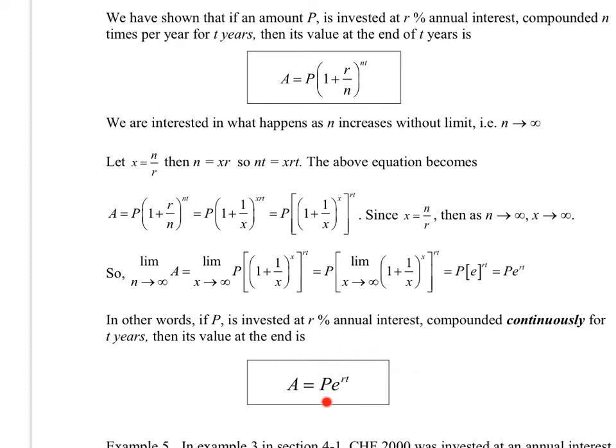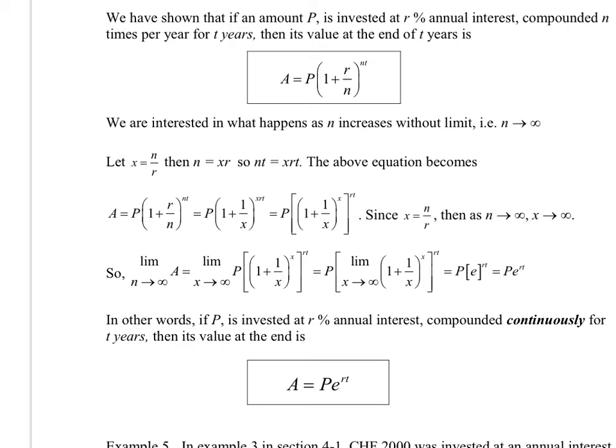here. The whole thing inside gets replaced with the e, and we just have the interest rate, r as a decimal, and t as the number of years. And so this is a lot simpler than this expression here would be if we had a large value of n.